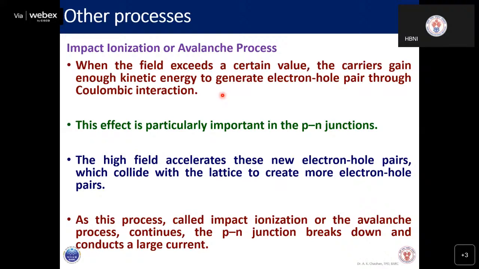Suppose you have a material in which the ionization energy is about 4 electron volt or 5 electron volt for any atom. And the electron which is accelerated due to this field has gained much more energy than this 4 electron volt, or suppose 100 electron volt. In that case, what can this electron do? It is moving with very high speed and strikes another electron, and it can eject that electron from the core.